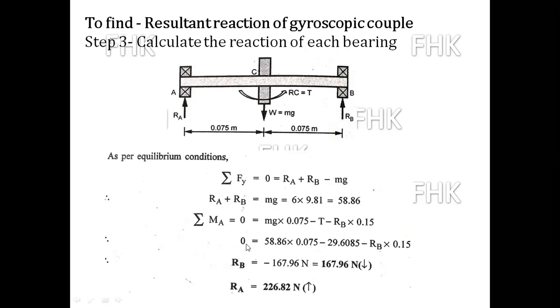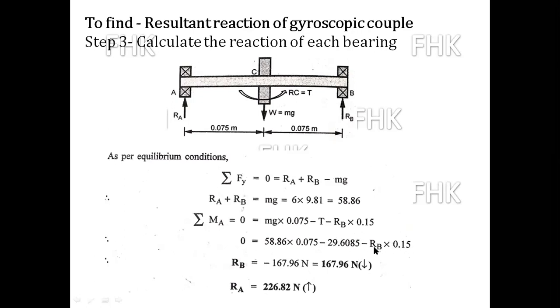Simplifying this equation: 0 equals mg, which is 58.86 as already found, into the perpendicular distance, minus the torque. What is that torque? It is I ω ωp, the magnitude of which we have already found, 29.6085. So 29.6085 minus Rb, which we have to find, the reaction at B, into the perpendicular distance.